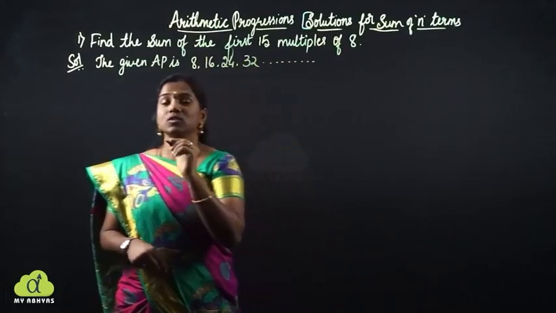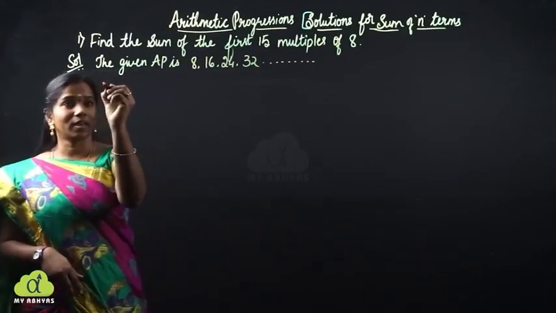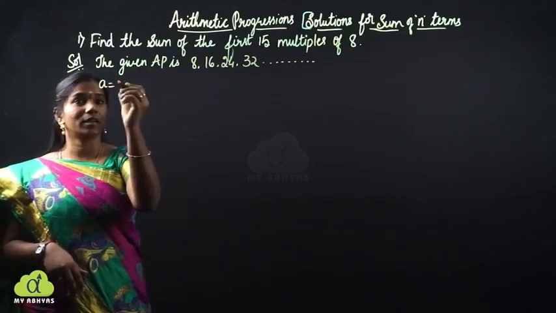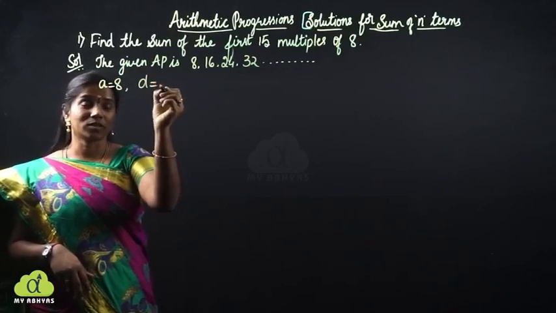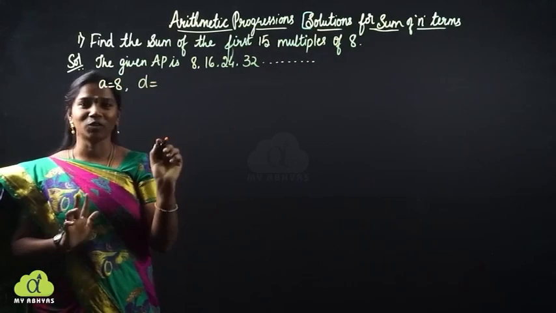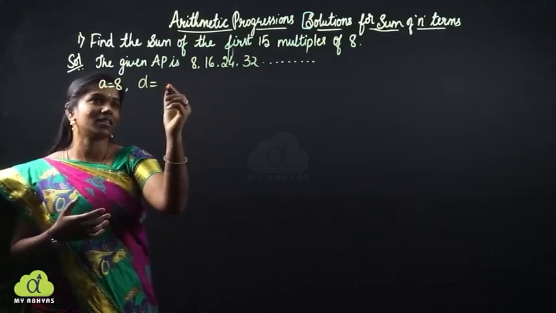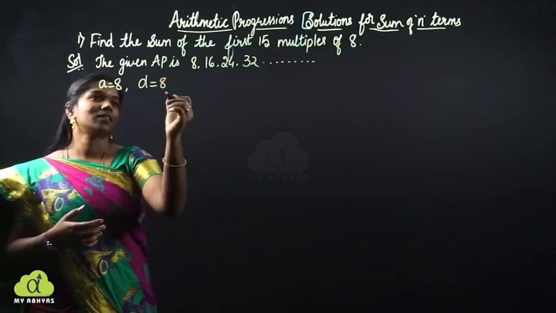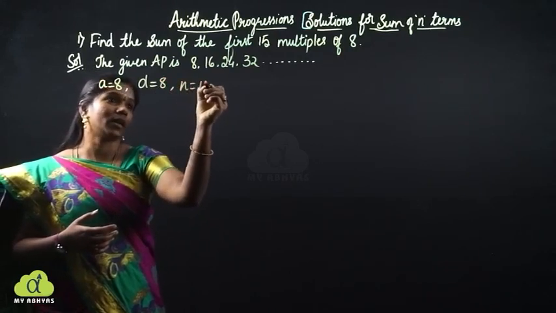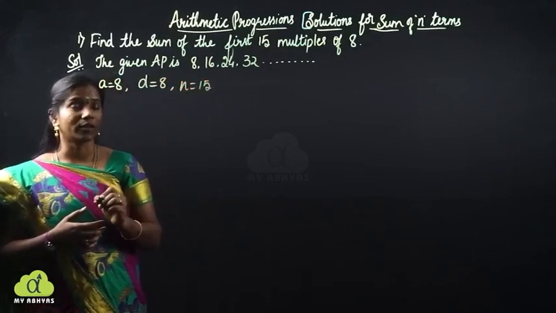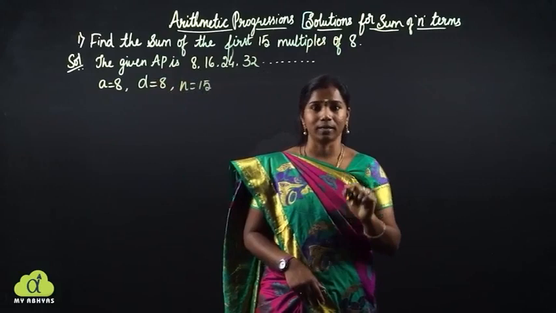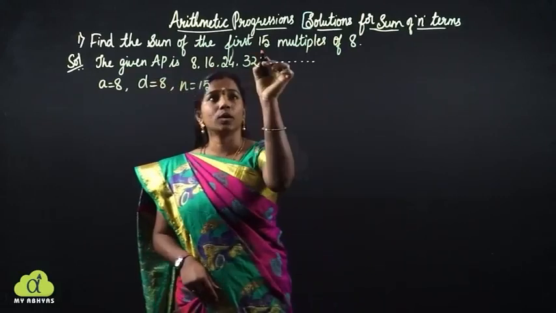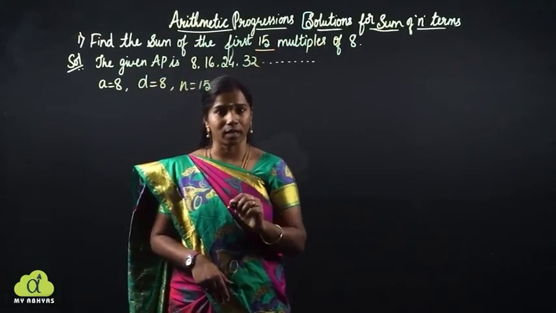Now what is the data then? A is equal to, first term, it is 8, and d value is, you need to subtract and check it. You can do that, but directly you can write it is 8. Yes, and n value is 15. What is the value of n? It is 15 because here, find the sum of the first 15 multiples. So here 15 denotes the value of n.